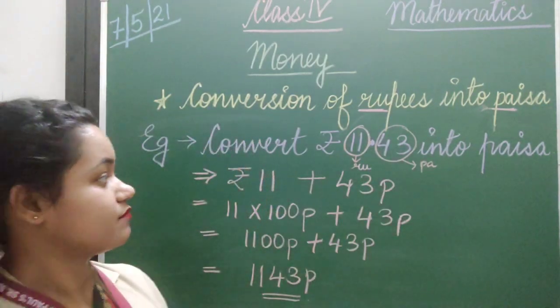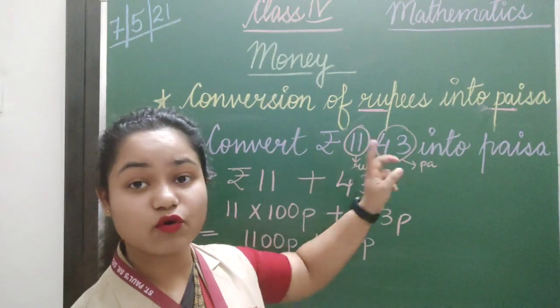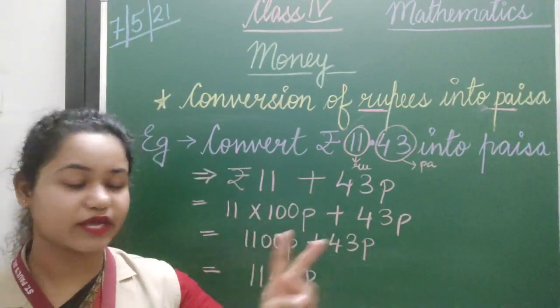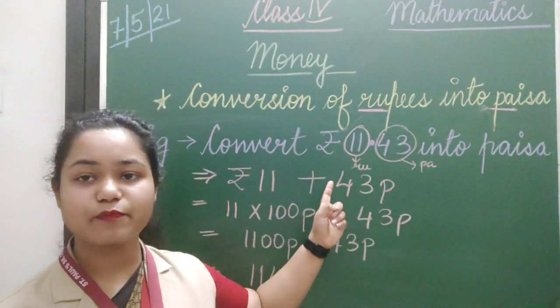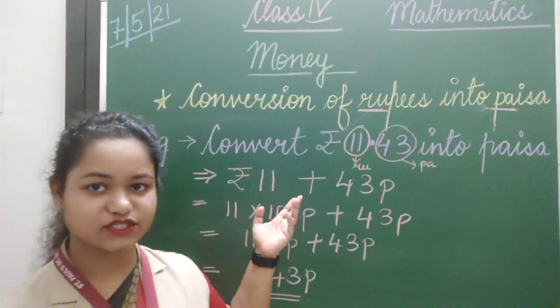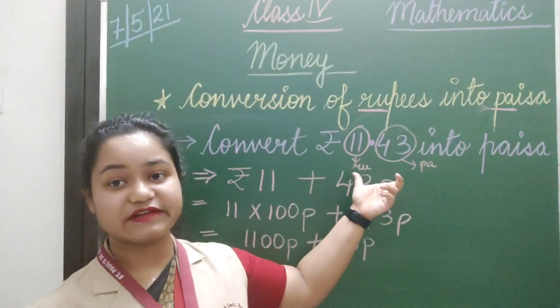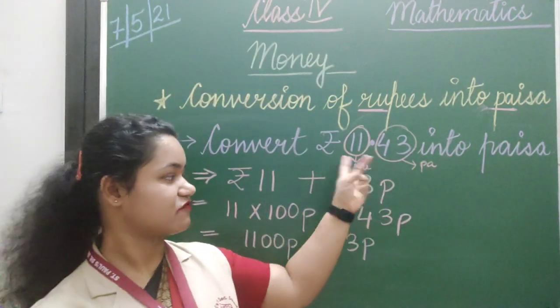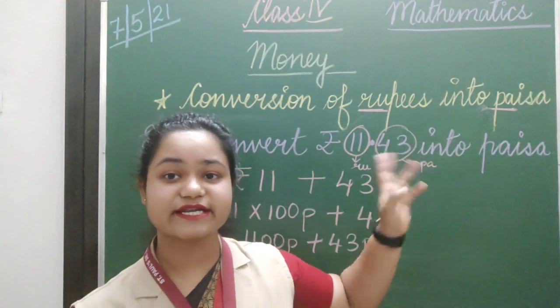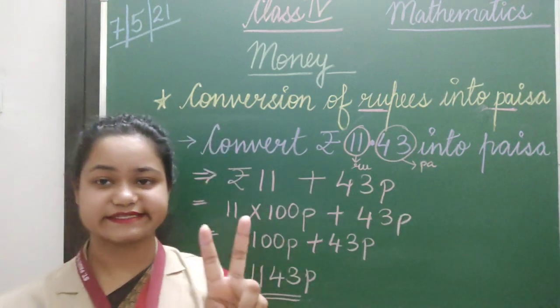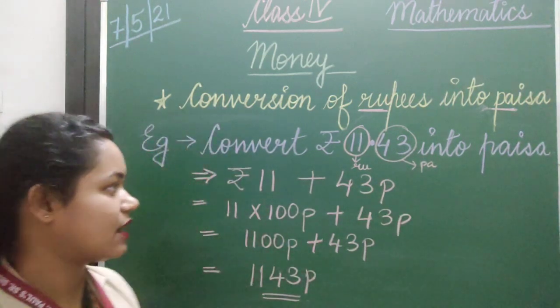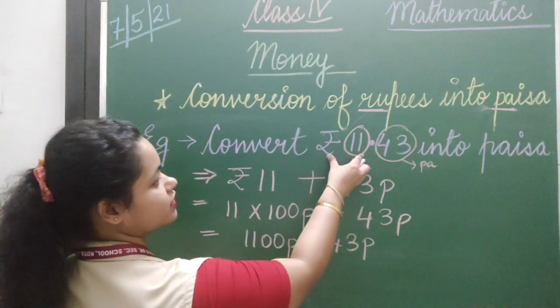After the point, only 2 digits can come. After the point it is fixed that only 2 digits can come, and before the point, any number can come. Usually 3 we take, but just now we will take only 2 digits. Now what we need to do is separate this.